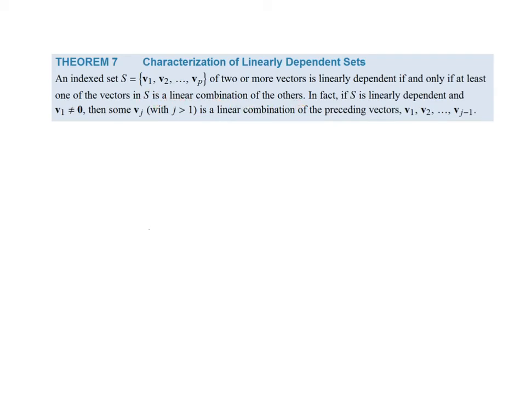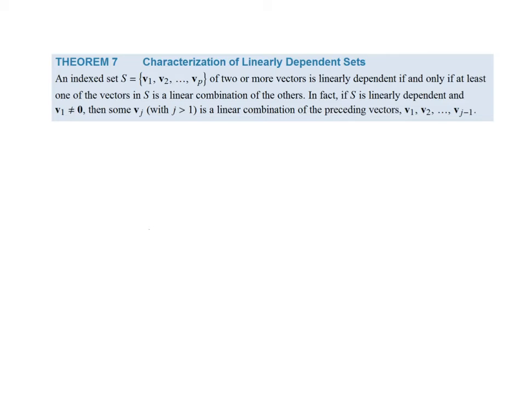In fact, if S is linearly dependent and v1, the first vector in the set, is not the zero vector, then there is some vector vj later on in the set that is a linear combination of all the preceding vectors, the ones that came before it in the list. So a linearly dependent set means I can write one of the vectors in the set as a combination of the others.